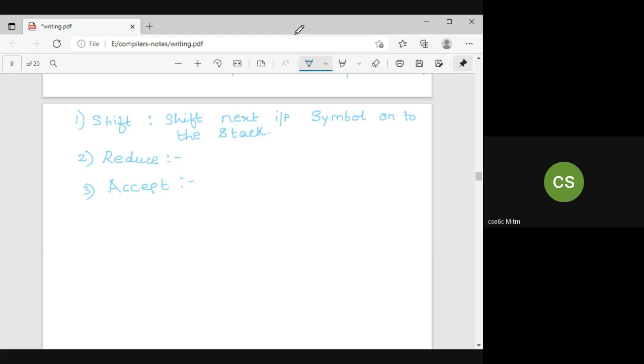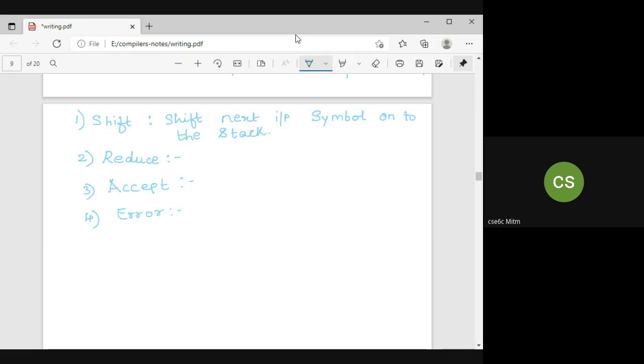Next, the fourth one is error. Discover a syntax error and call an error recovery routine.